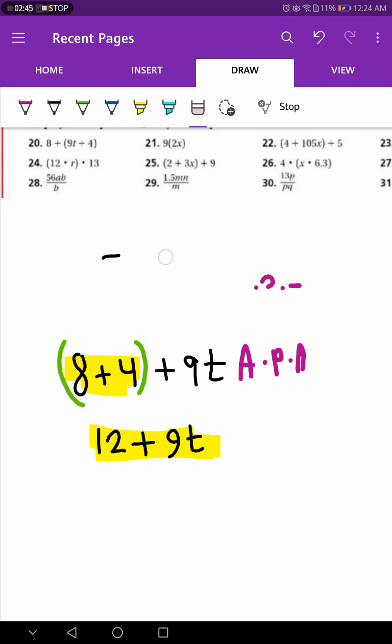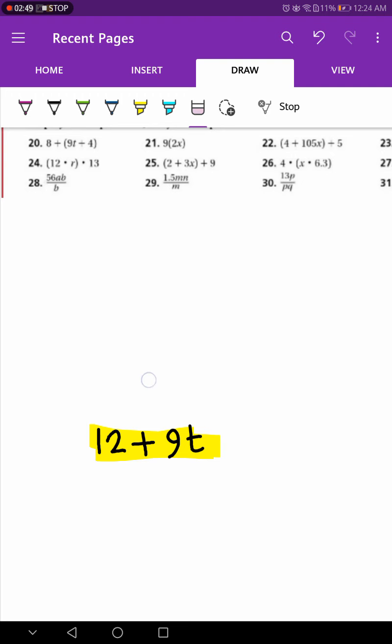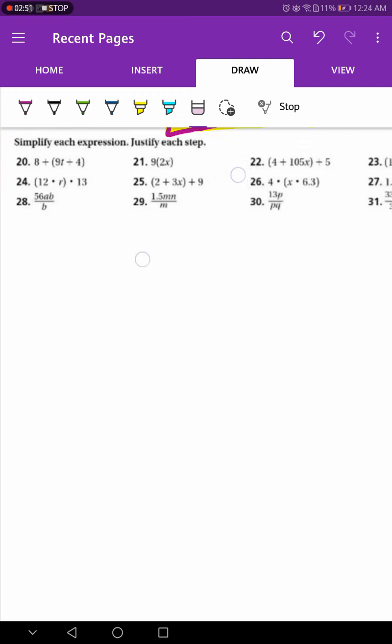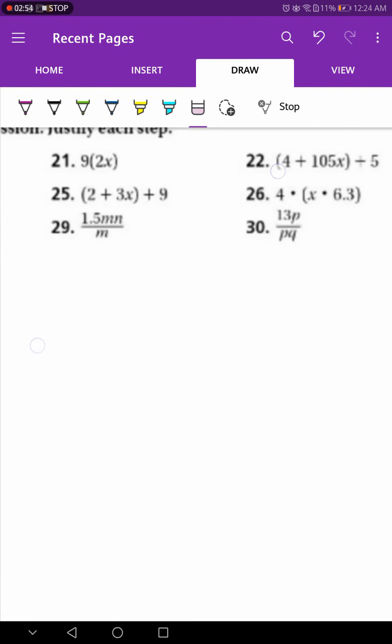If we read it, how to read it? 9 multiply 2x. Teacher, I cannot find multiply, but there is a hidden one here between the 9 and the parentheses, and between the 2 and the x there is another multiplication, my dear student. Now let us simplify it. I will write it as it is.